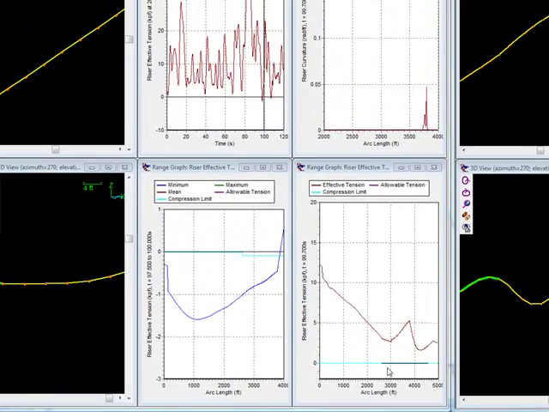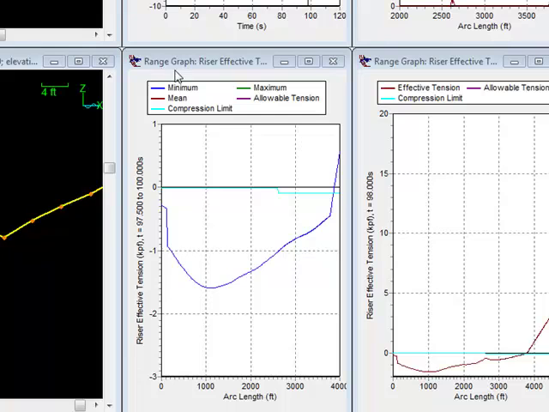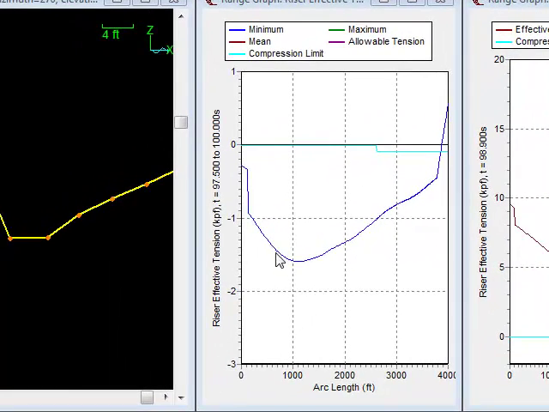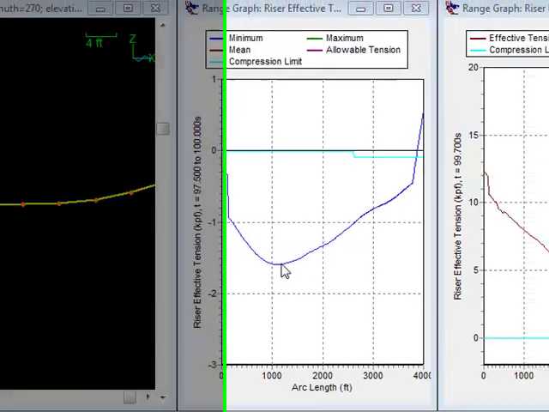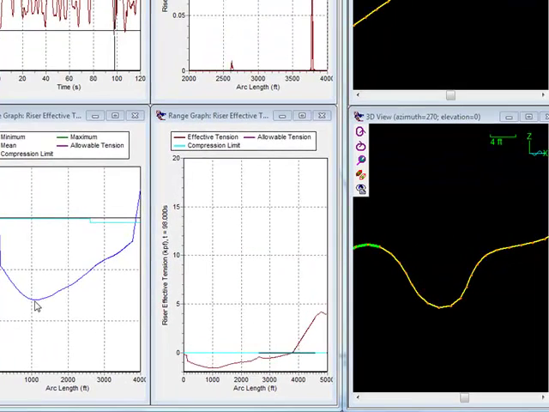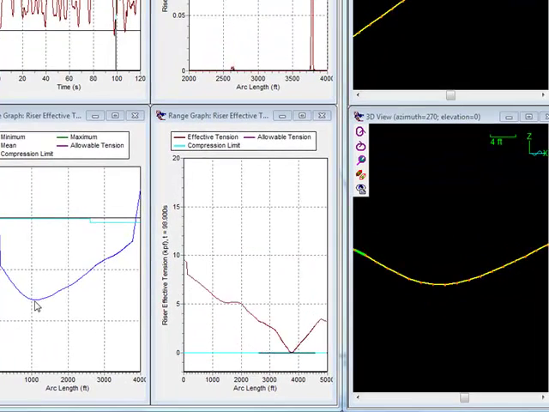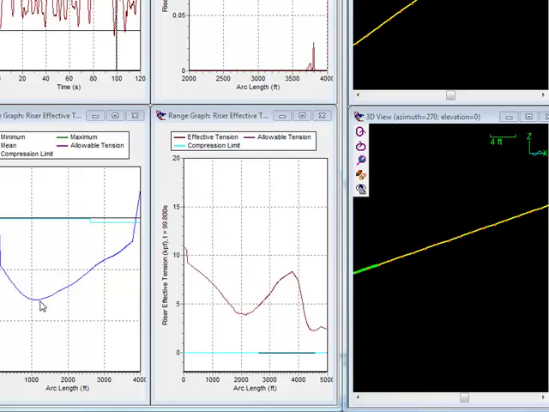So this graph is our graph of riser effective tension, and here we see the maximum compression with our coarse segmentation model, and we see that the negative maximum is around 1.6.